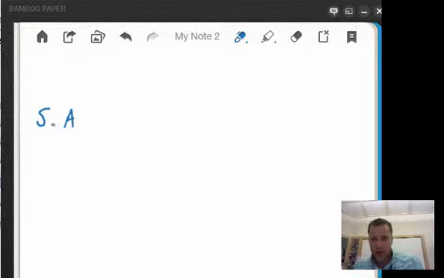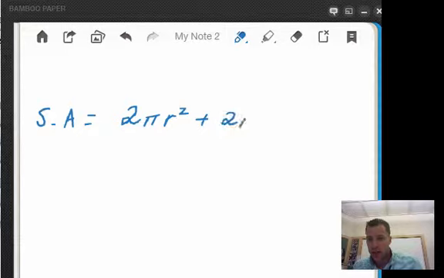So the surface area here is going to be equal to 2 pi r squared plus 2 pi rh. And it's a beautiful thing because guess what h is? H is r. So here's another substitution we use.